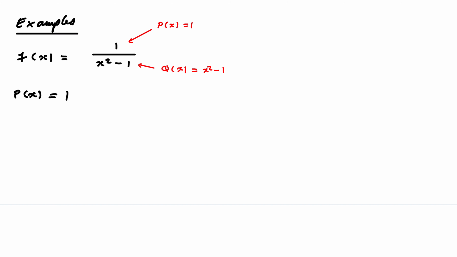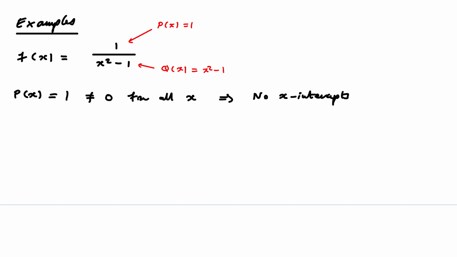It's the constant function 1. This is not equal to 0 for any x. So this means there is no way of having any x-intercepts. The numerator can never be 0. There can't be any x-intercepts.